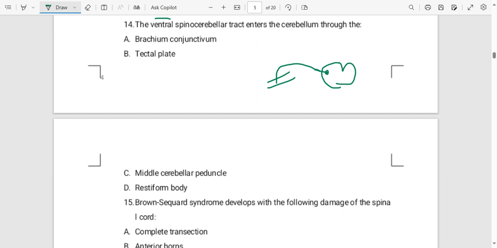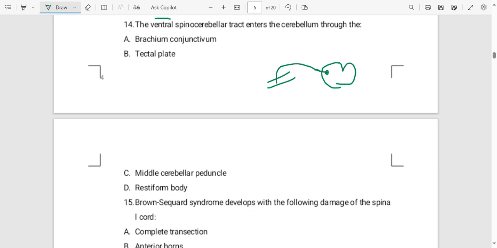And it doesn't decussate. When it reaches the brainstem, it goes to the cerebellum through the inferior cerebellar peduncle. The inferior cerebellar peduncle is also known as the restiform body.